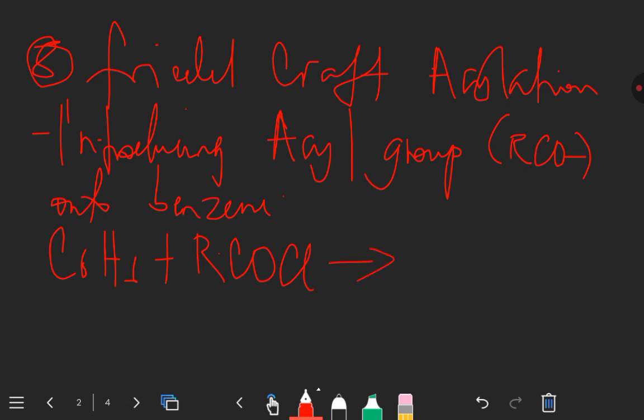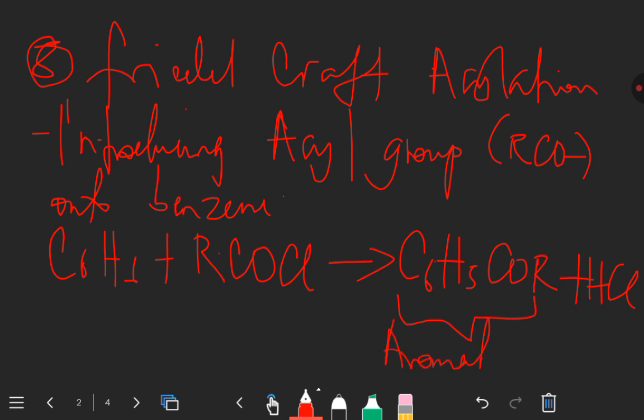Then the product we are going to form will be an aromatic ketone. So we have C6H5COR, plus of course hydrochloric acid. So this product, we call it just an aromatic ketone.